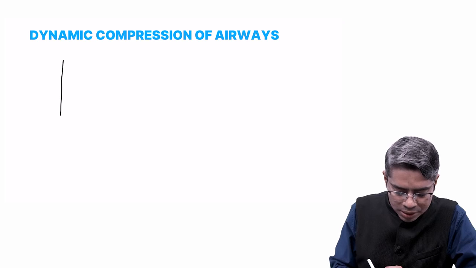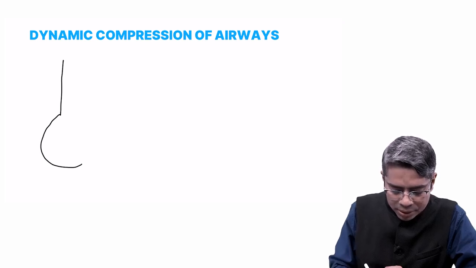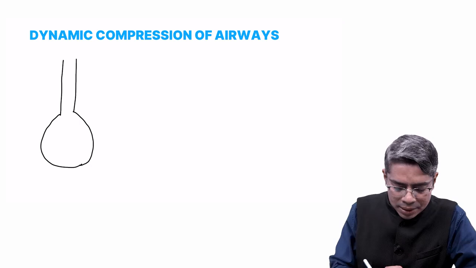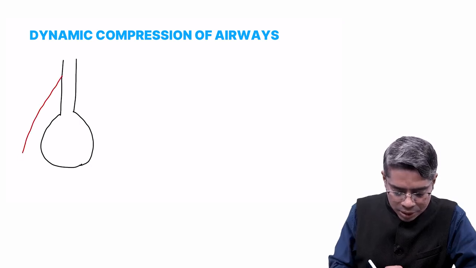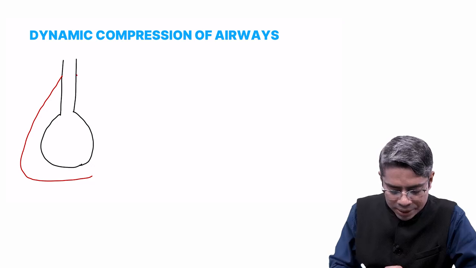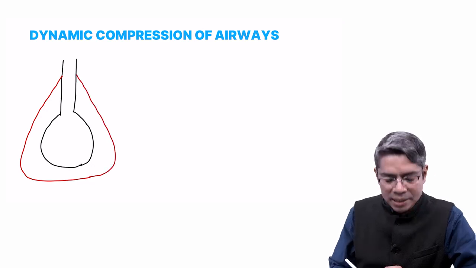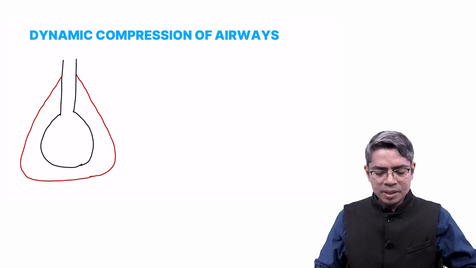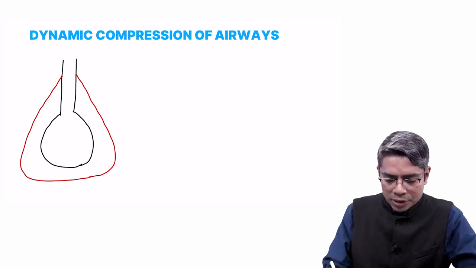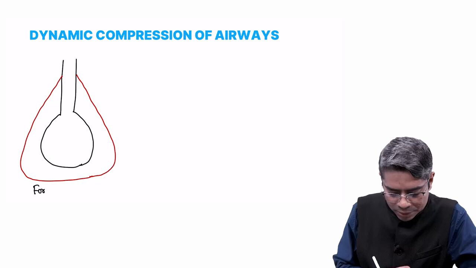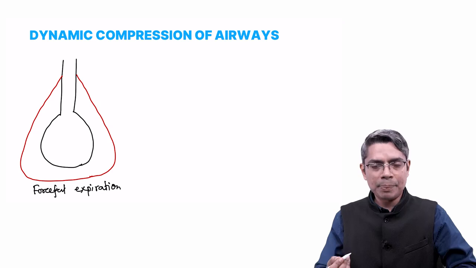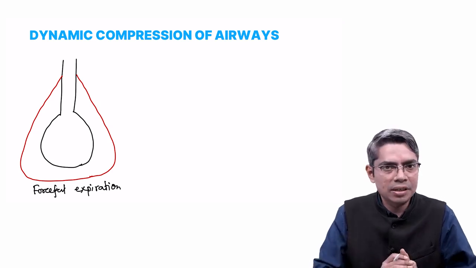Suppose this is the representation of the lung alveoli with bronchioles, and this lung is situated within the thoracic cavity. This is the visceral pleura, the parietal pleura, and above the parietal pleura there will be the chest wall. So, during expiration, if I do a forceful expiration after taking a deep inspiration, what is going to happen inside my lung, that we are going to understand here.